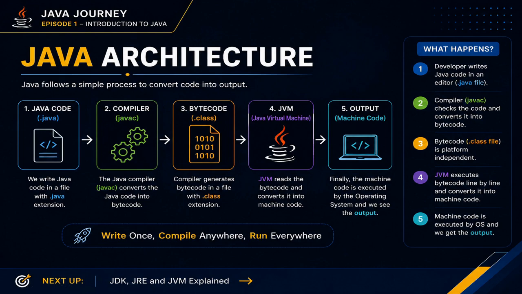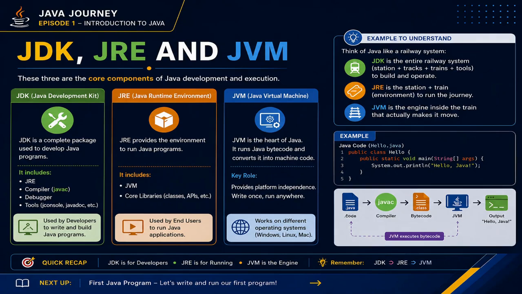Now, here is the most important point. Because Java uses bytecode and JVM, the same Java program can run on different operating systems. And this is exactly why Java becomes platform independent. This architecture is one of the strongest reasons behind Java's success.